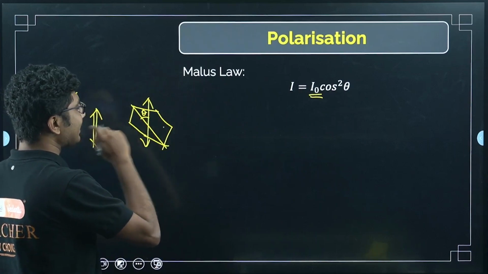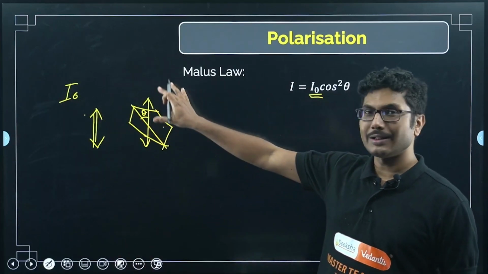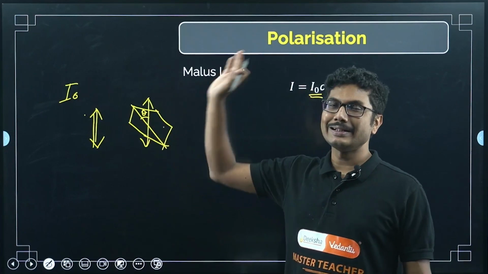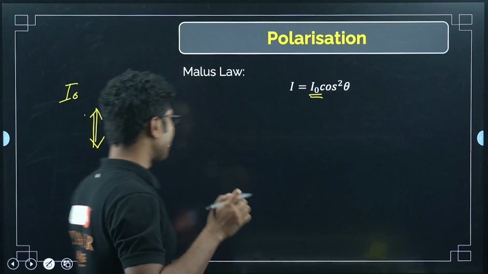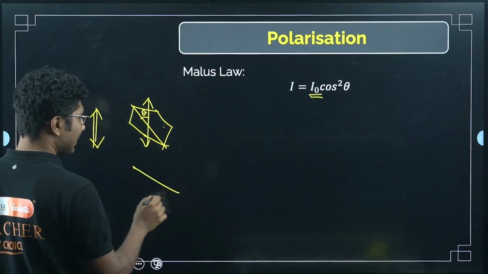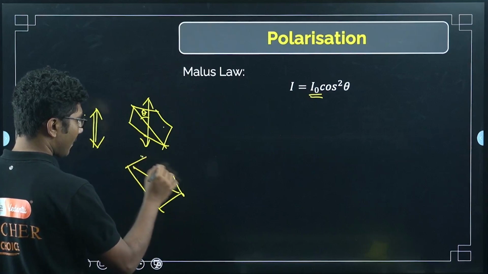So in this case, will it absorb all the light? No. If the angle is not exactly 90 degrees, the light will not be completely absorbed.